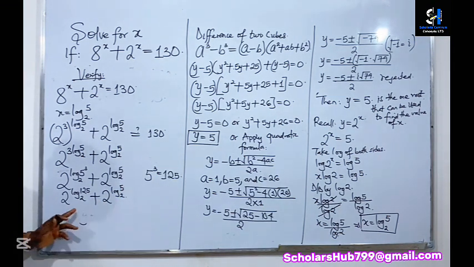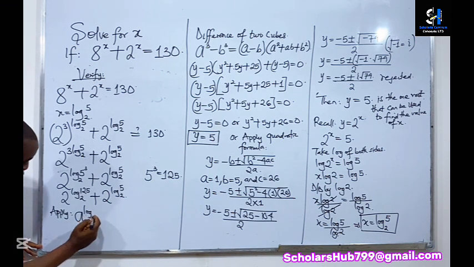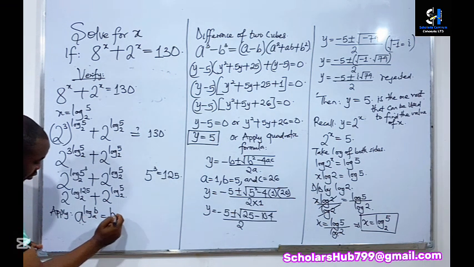Now this is where we can apply one of the properties of logarithms, which is when we have a base a raised to the power of log b to base a, it equals b.